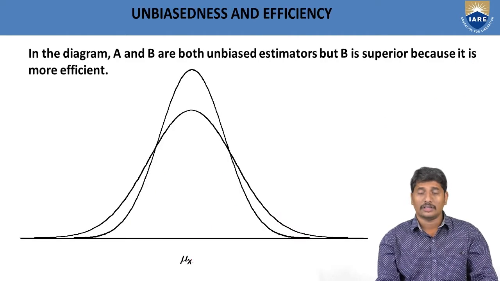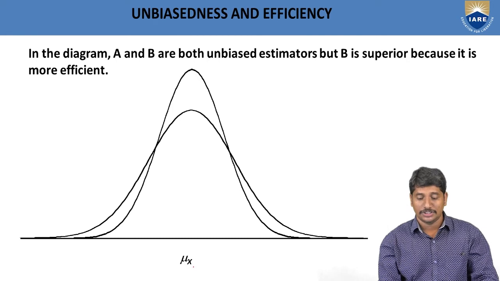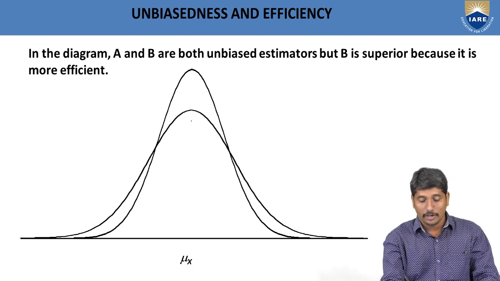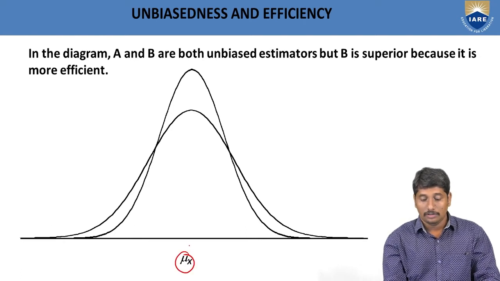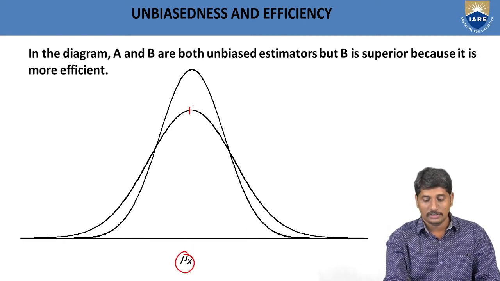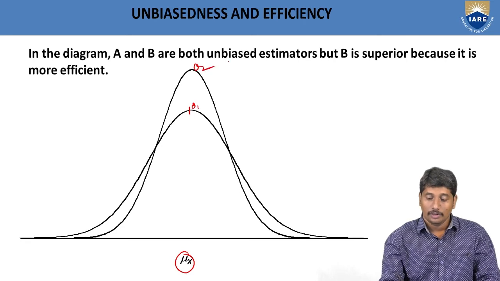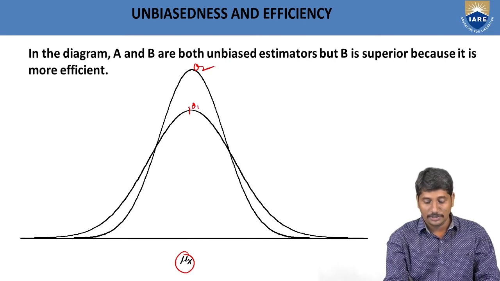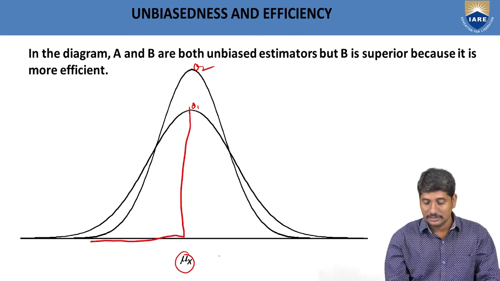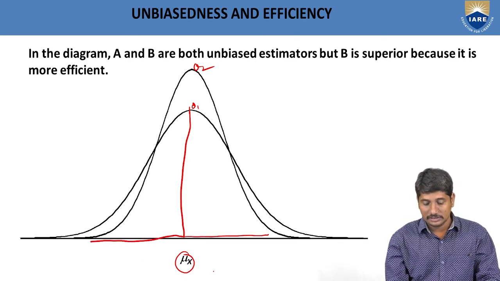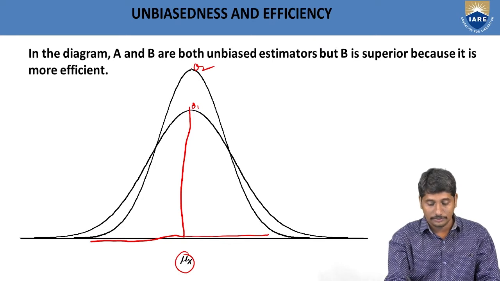Here you are observing a combination graph where you are trying to estimate the population parameter mu x with the help of two estimators, theta 1 and theta 2.